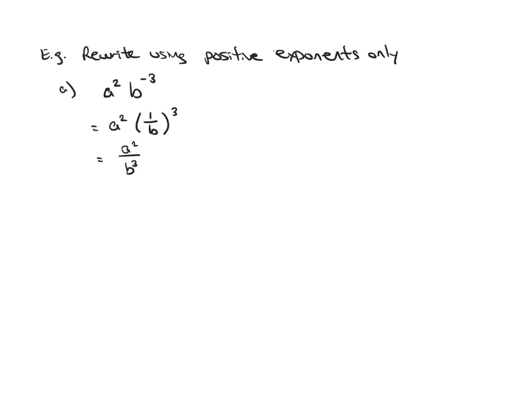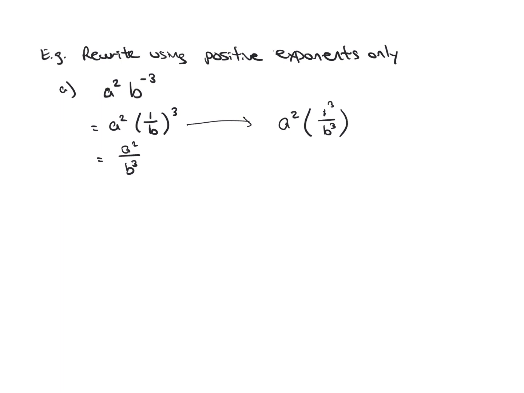Okay, so I didn't show all the steps to get that, but basically what happens is the exponent of 3 gets attached to the 1 and also attached to the b. Okay, so it's 1 cubed over b cubed. But 1 cubed is just 1.